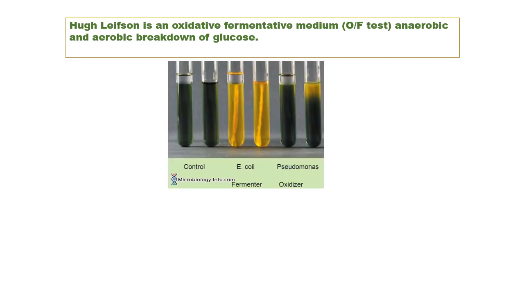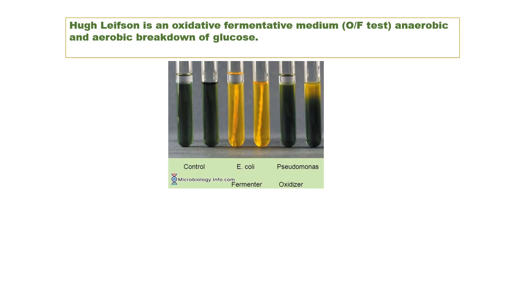We have the media, which you can see in green color on the left-hand side of the picture under the control. We have two tubes. You can see that for each reaction we have two tubes. Why? Because one tube has only the media, and it's on the top, exposed to air, so the tube is actually open. It does not have a cover or a cap.